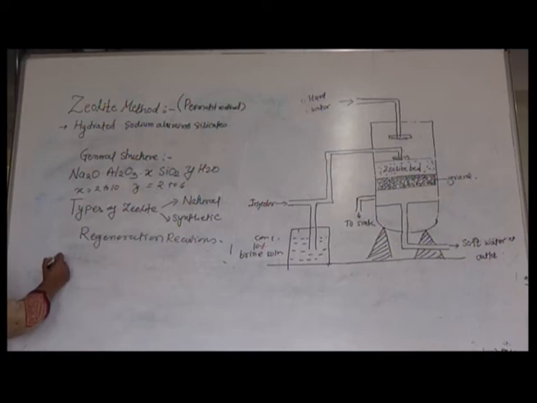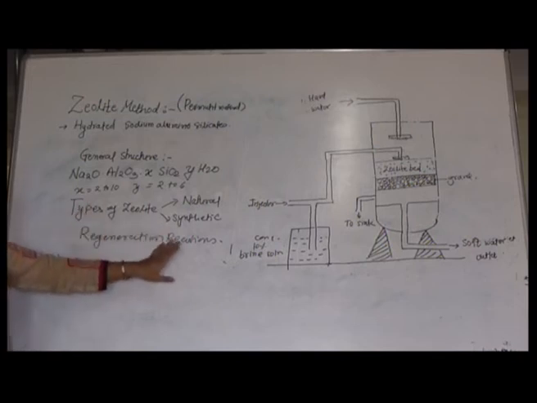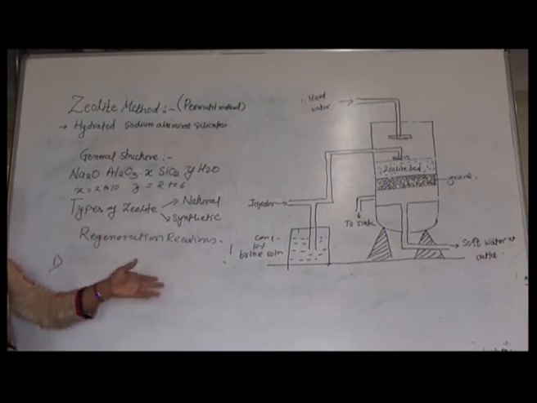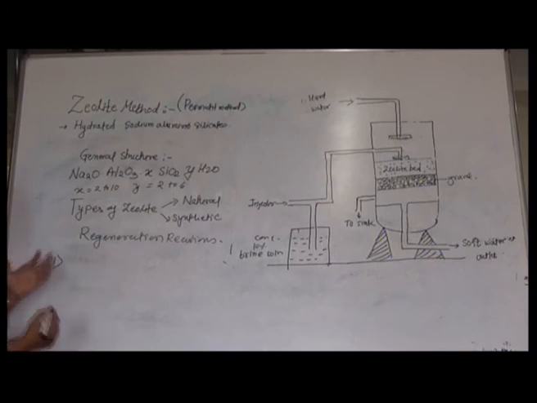Regeneration reactions. Now in the previous reaction we can see formation of calcium zeolite and magnesium zeolite. They are called exhausted zeolite. So our aim is to convert this calcium and magnesium zeolite into sodium zeolite, and for that we are using this 10% NaCl solution.